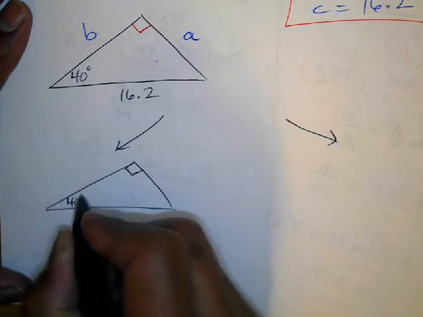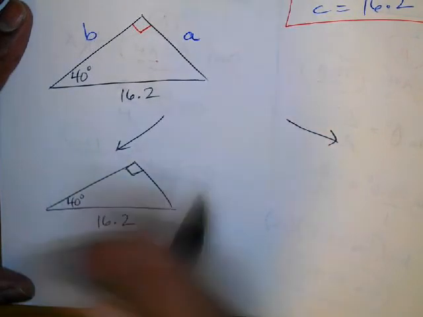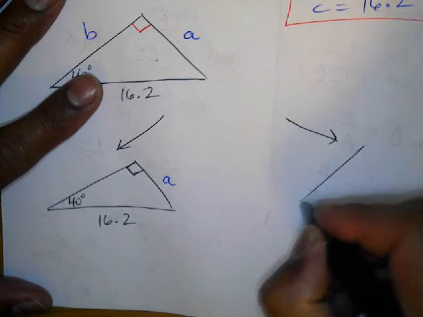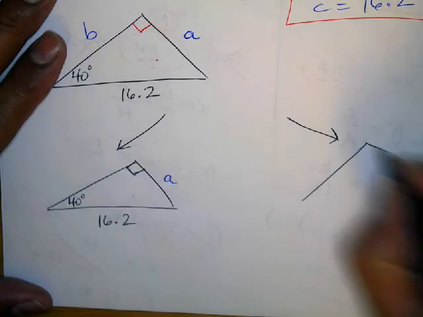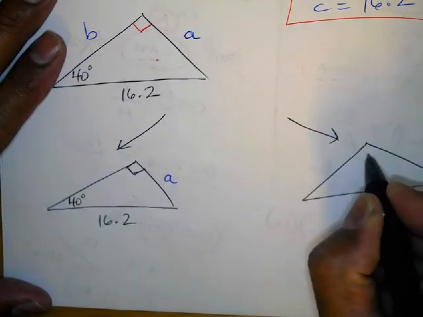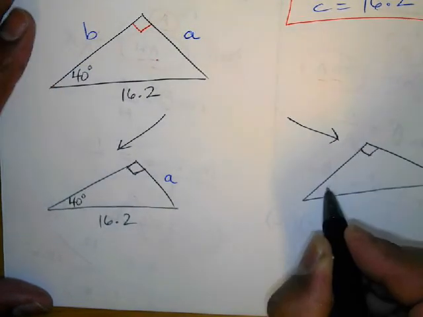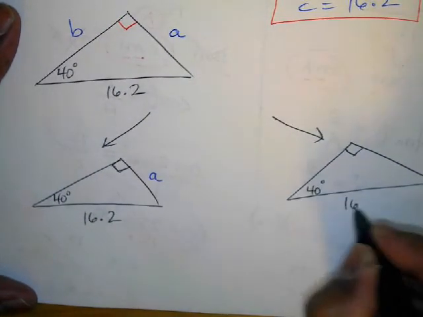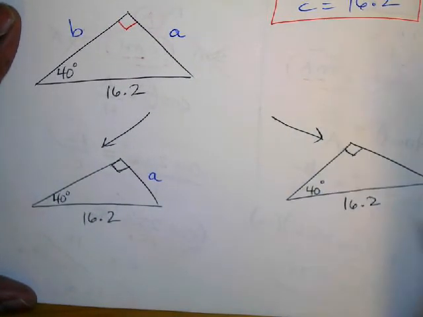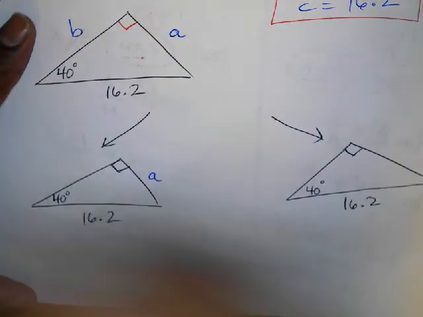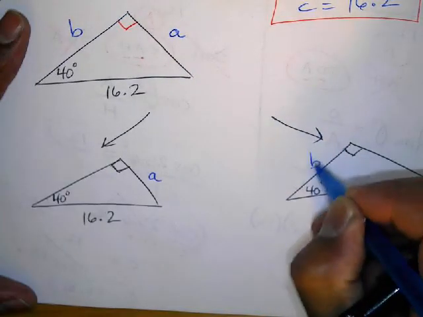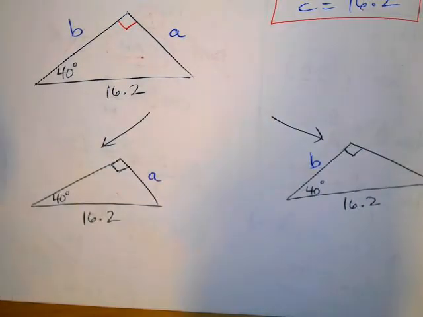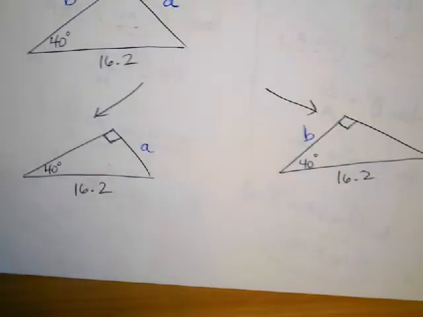You cannot do these together. This is 40, this is 16.2, and this will be where I'm going to solve A. And I'm going to copy the same thing. This is 40. This is 16.2. And this is going to be side B over here. Just put one at a time. You can only do one at a time.